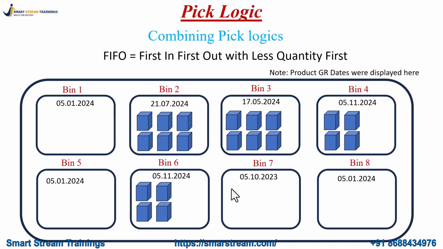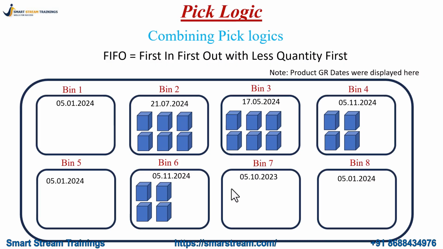Here we can see that bin 4 and bin 6 are having the same date. Those products we received in the 11th month of 2024, so the system has to pick one among those two.